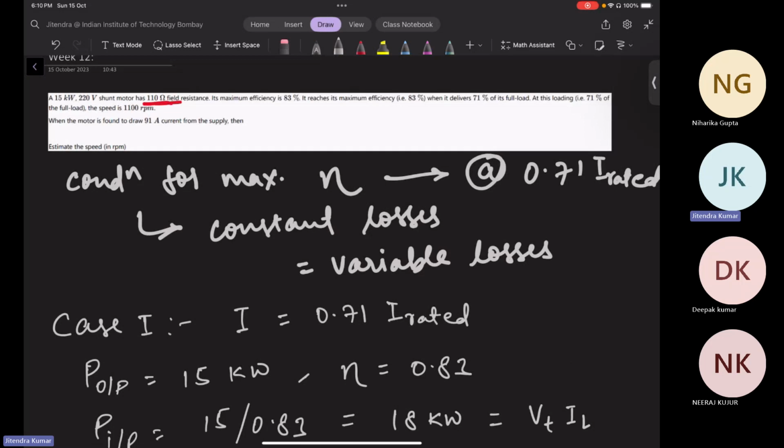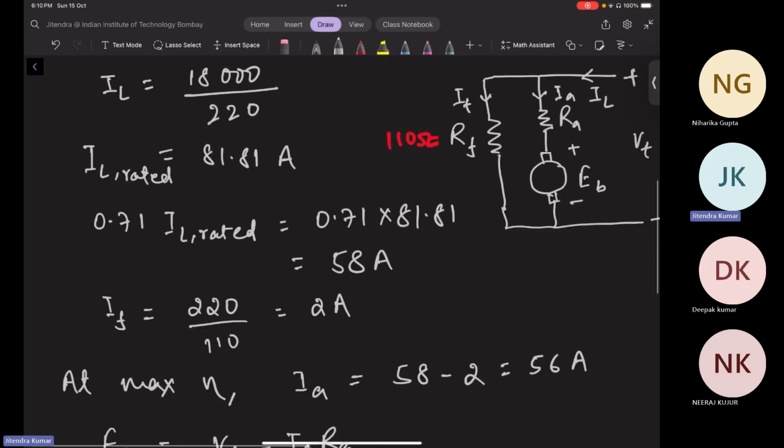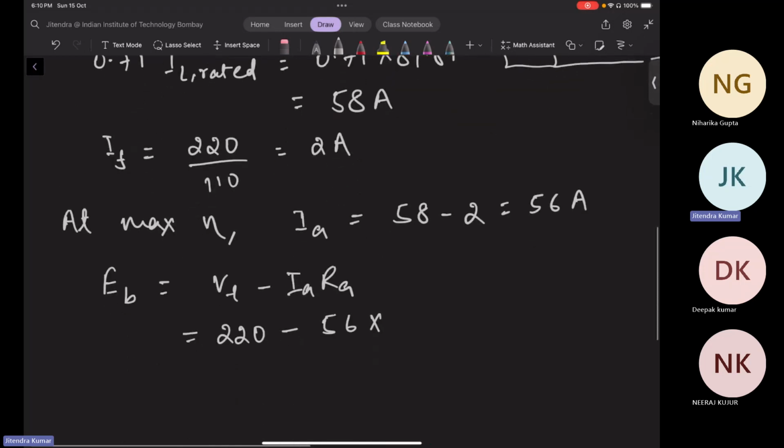So RA is not given in the problem. Now we are stuck here. What is the solution? We don't know RA, and hence we cannot calculate EB, and hence we will not be able to calculate the speed. So what is the solution?